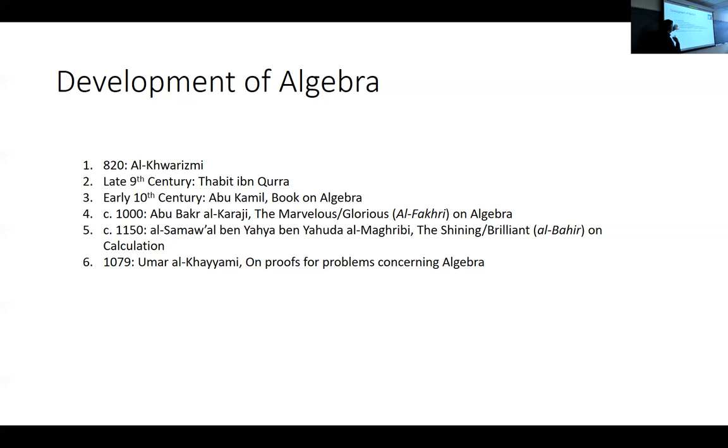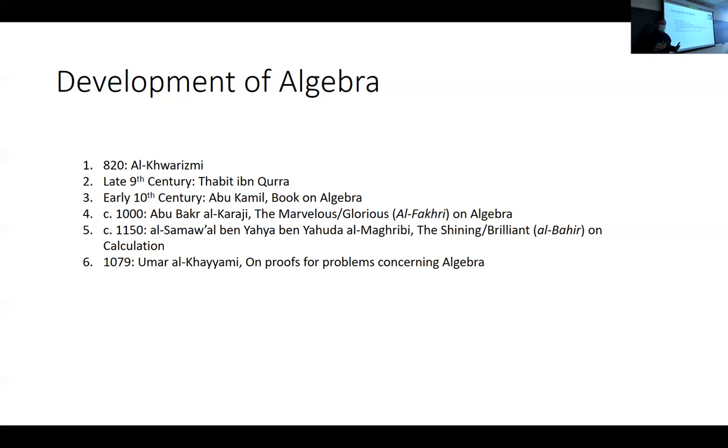went to Abu Kamil, who's a generation later. He came from Egypt. I forgot to mention his nickname was the Egyptian calculator, and we'll soon see why that's a really appropriate title for him. Again, he wrote a book on algebra.